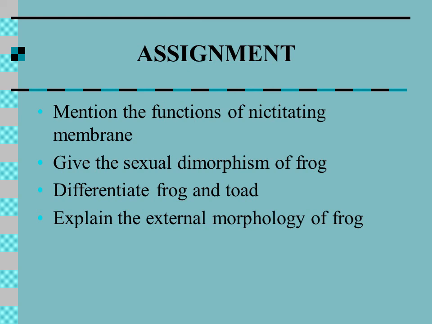The vocal sac helps to amplify the croaking sound. Then the next question: differentiate frog and toad. We have discussed a few points, and you can write those as per this question. And the next question is: explain the external morphology of frog. Here you could write the head region and trunk region, the body regions fully.